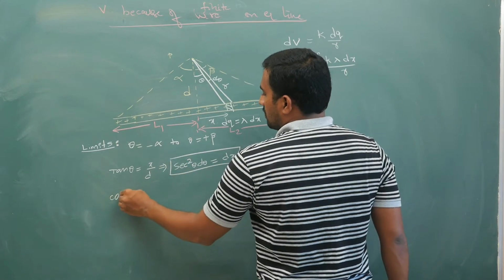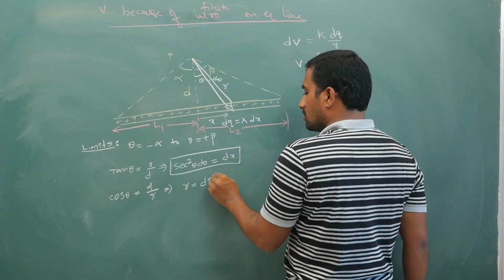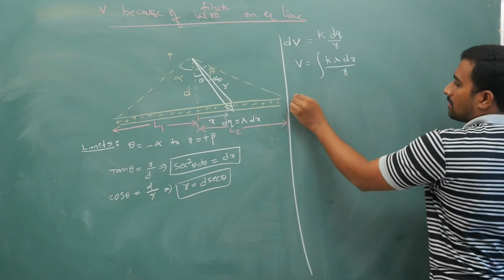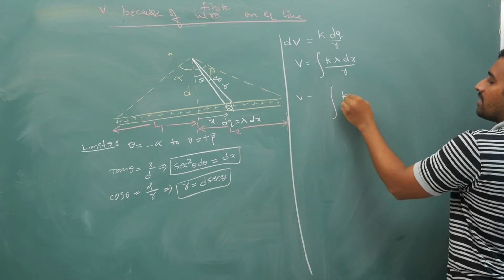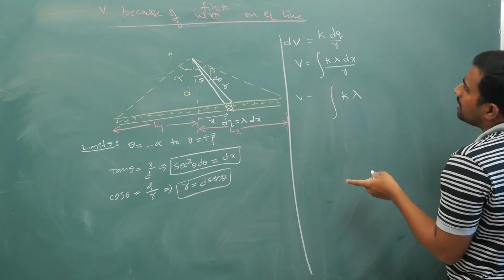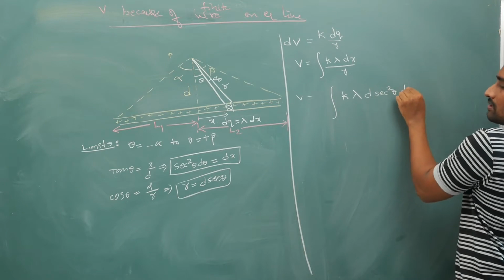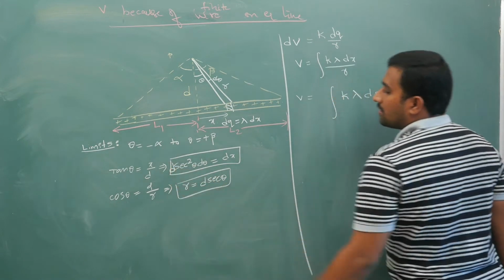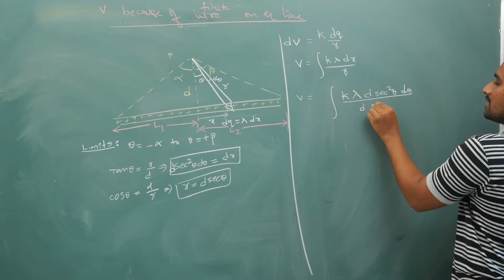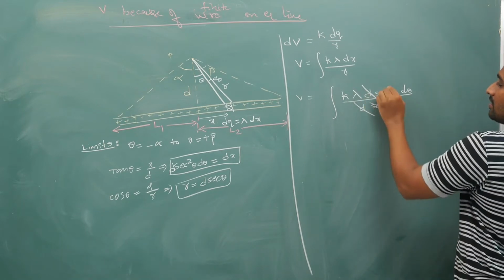Cos theta is equal to d by r. From here r is equal to d secant theta. Now I will substitute it here. Your potential V is integral of k into lambda into dx, and your dx is d secant square theta d theta, whole divided by r, which is d secant theta. d will cancel off, secant theta will cancel with secant square theta.